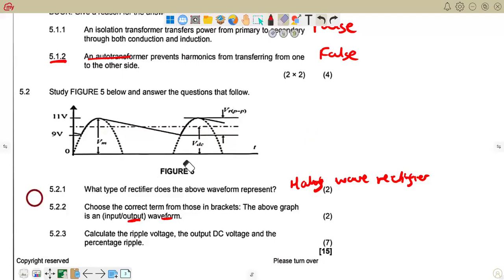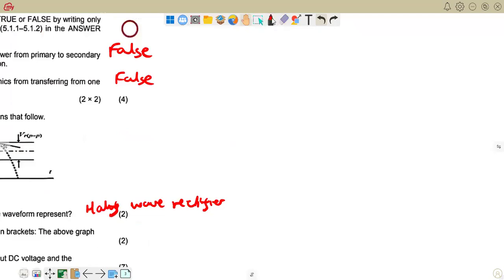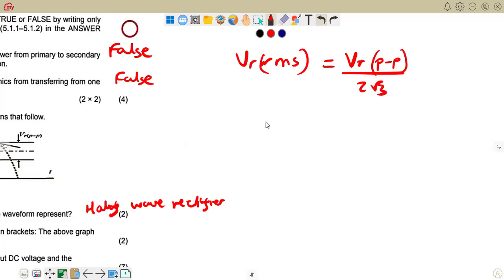Calculate the ripple voltage, the output DC voltage, and the percentage ripple voltage. We'll start with the ripple voltage. VR RMS is equal to VR peak to peak over 2 root 3.